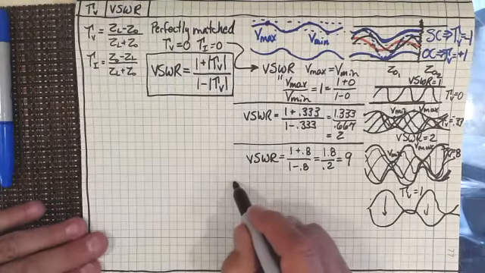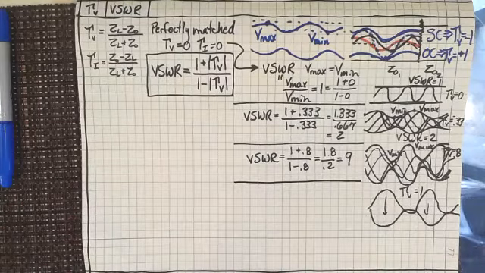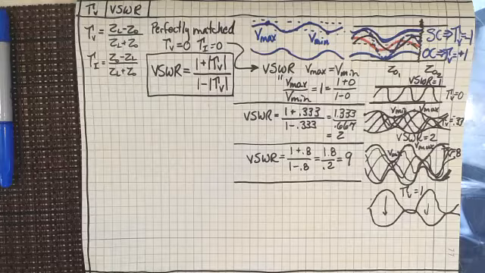So I just wanted to point those out and explain to you what the voltage standing wave ratio is, rather than just saying, here's the formulas and we're just going to work through all these formulas, and then you're not really understanding what the phenomenon is and why we look at voltage standing wave ratios. A voltage standing wave ratio of 1 basically tells you that you have matched the antenna to the line.